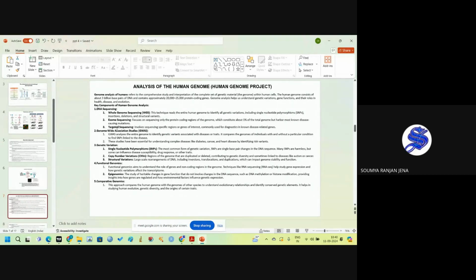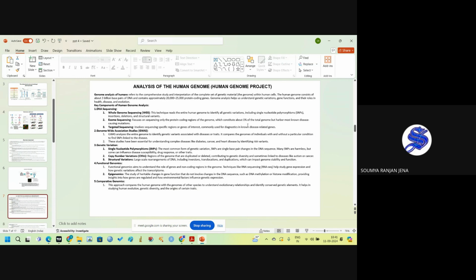It reads the entire human genome to identify all genetic variation, including single nucleotide polymorphisms, any inserted or deleted parts of the genome, or any structural variants, such as duplication, deletion, or repetition of nucleotide bases. And if we go to exome sequencing, we only target the exome, because exons are the protein coding region of the genome, which constitutes about 1%.